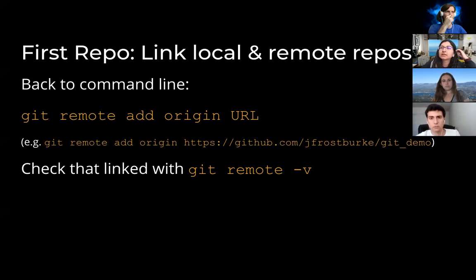Okay. Is it origin and then the link, fetch and then push? So yeah, do this, and then if you do git remote space -v, then it should list like origin is linked to this. So yeah, just an explanation of what this command does. This says, we're using git, we're going to add a remote repository.